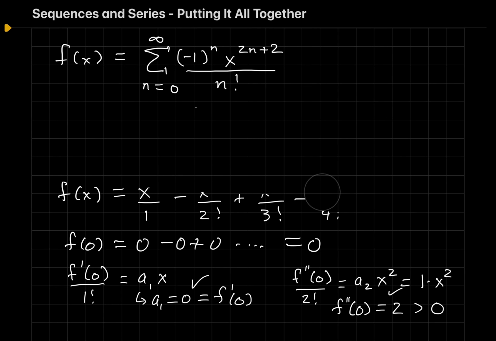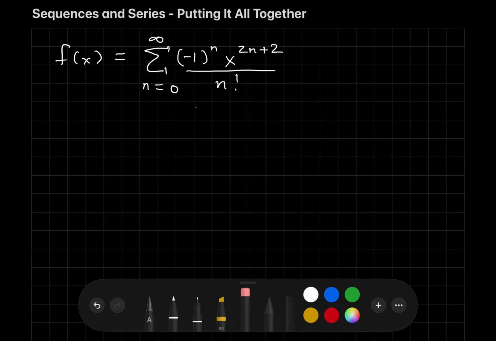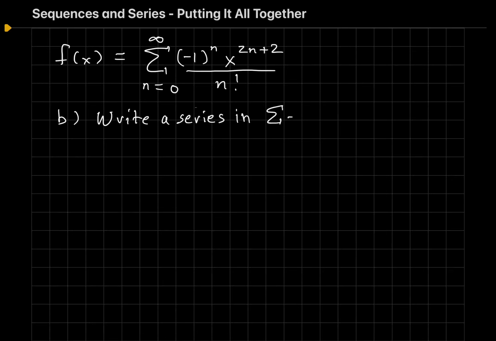That is the next part of the problem. So for part B, let's write a series in sigma notation, sigma being shorthand for a sum, for f of x over x squared.